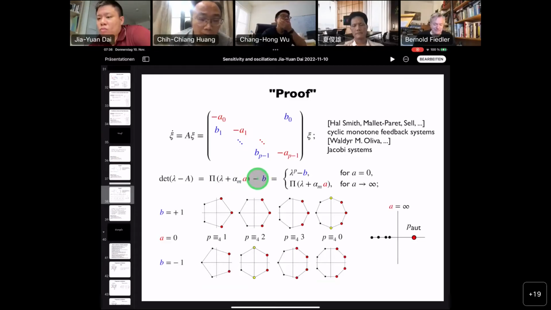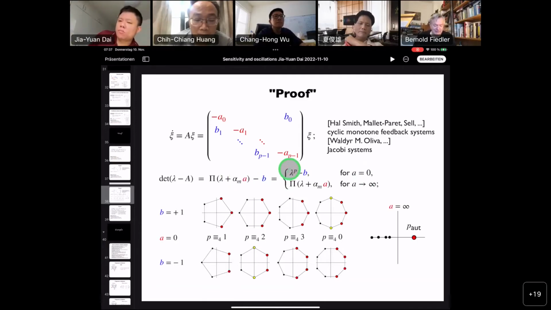Very easy. And now I study that characteristic polynomial for two extreme values. Namely, well, a should be positive. It was an absolute value of something. So a could be 0 or infinity. What happens when a equals 0? Well, I get lambda to the length of the cycle, p, that's the size of this matrix, minus b.